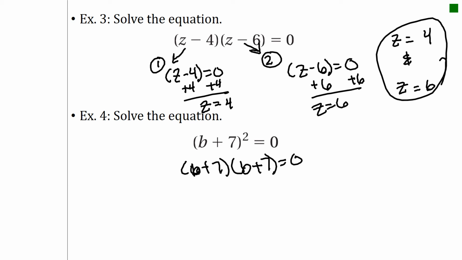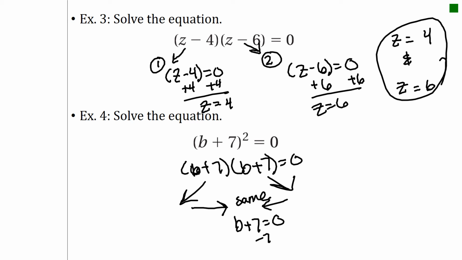Setting up to 0, using your zero product property, two different terms that are actually the same, so we only have to solve for one. That tells you there's only one x-intercept here, only one. So b plus 7 equals 0, take away 7, b equals negative 7. The only root, the only x-intercept is negative 7.